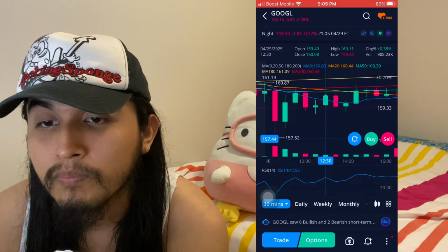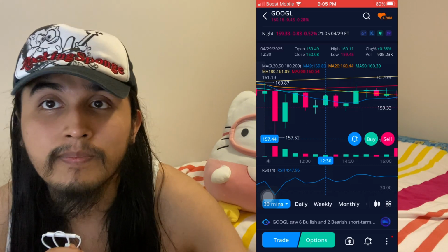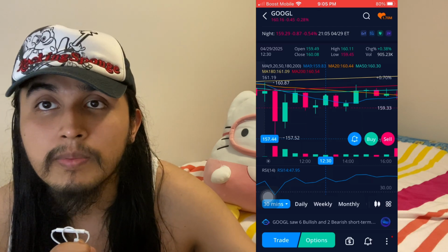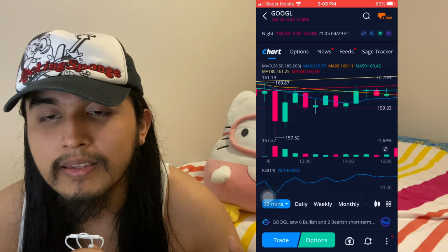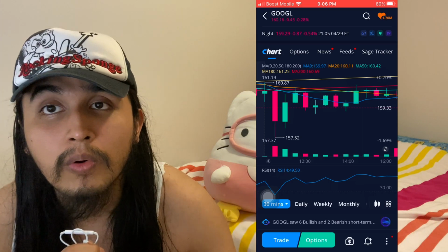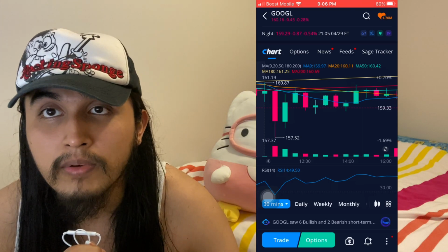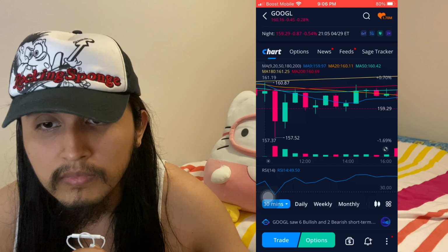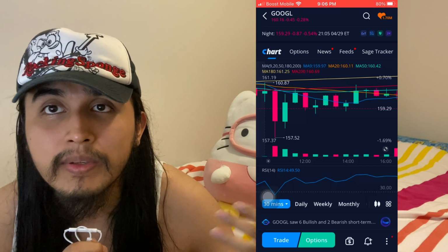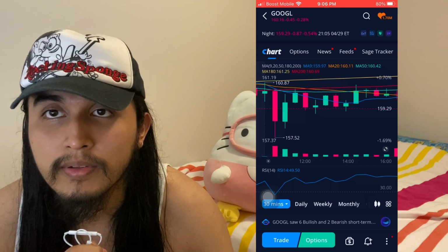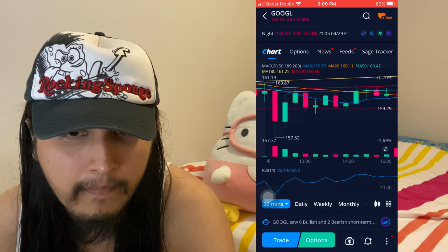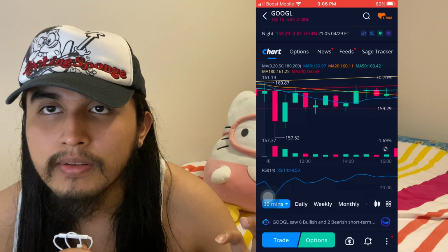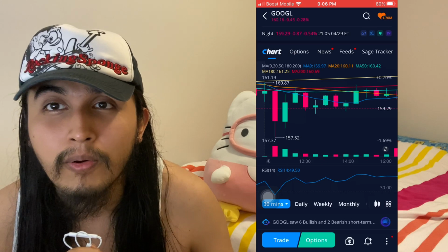That way my position, instead of being down 10%, can be reduced to being down 5%. And then let's say Google starts going down even more throughout the day. Basically my position will be in the green a lot faster. So try to start with a small position. Try not to use up all your cash.